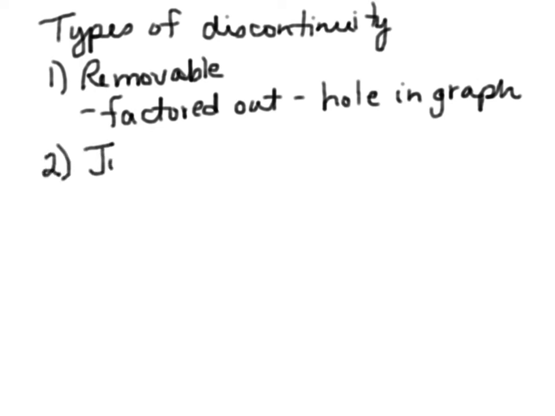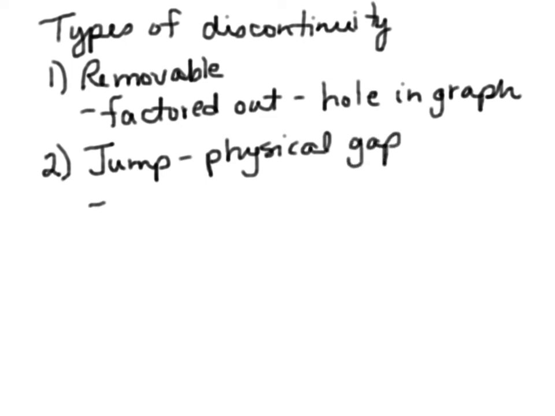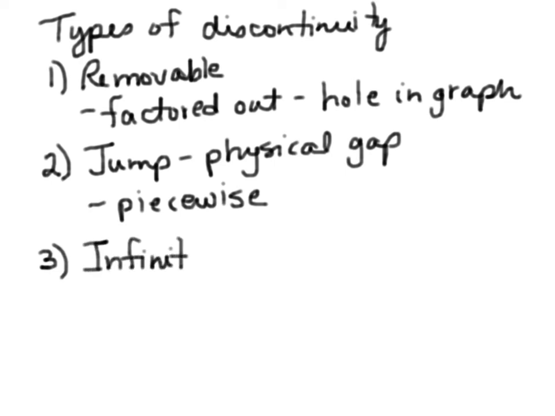Second kind is jump. There is a physical gap in the graph, as is shown in a piecewise function. And the third kind is infinite. And this is the type that we see the most often, and it has the presence of a vertical asymptote.